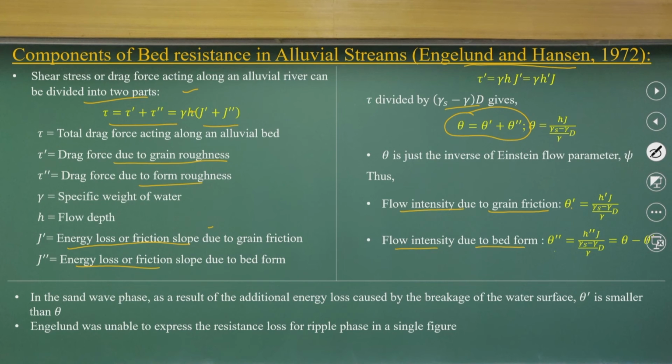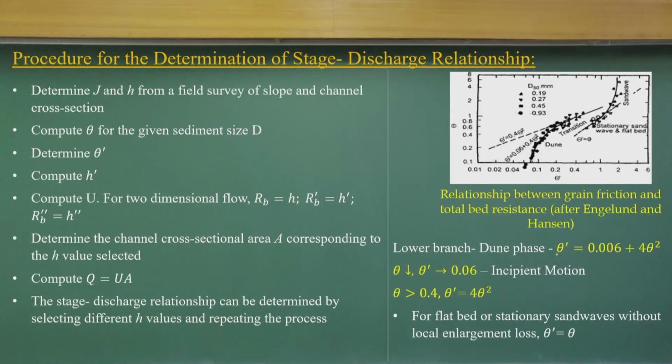And he also established an empirical relationship with different bed forms like dunes, sand waves, and stationary waves. Using the D50 values of all the different data, they plotted it and got characteristics like this. Following these, he established the relationship between the grain friction and total bed resistance.